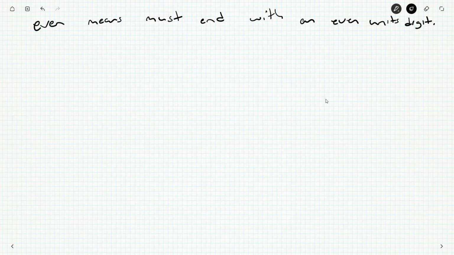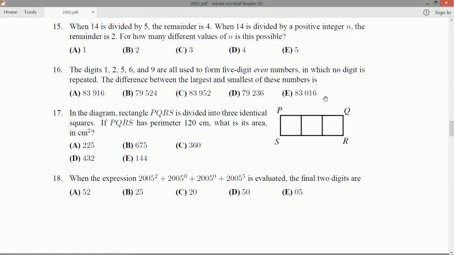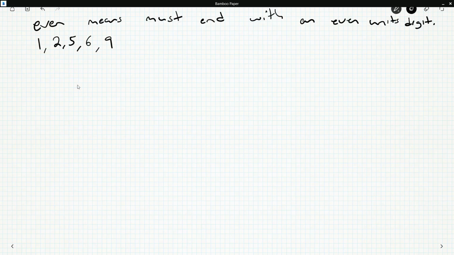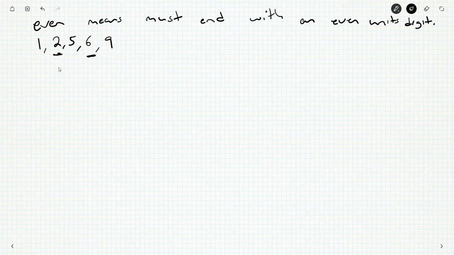Now the numbers we have to work with are 1, 2, 5, 6, and 9. Only 2 of these are even, so all the ones that you could create will end with either 2 or 6.